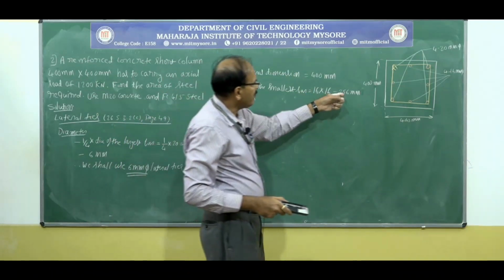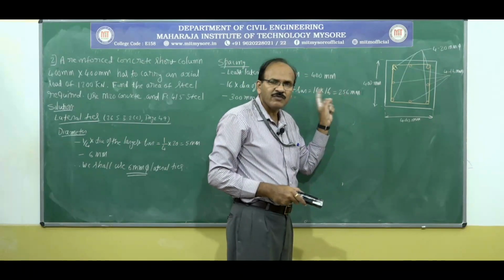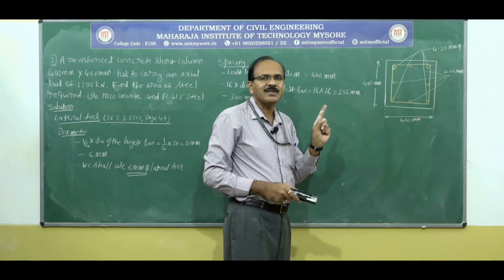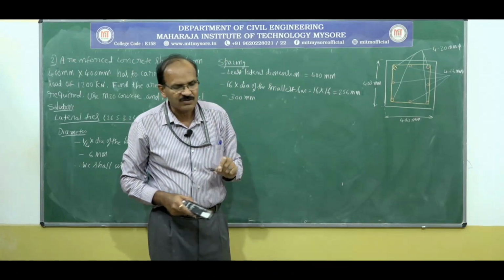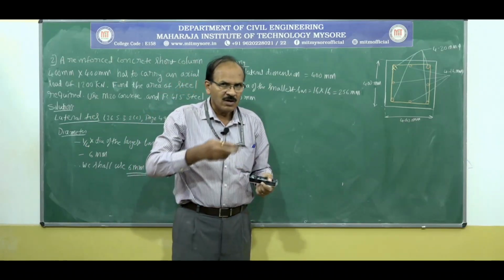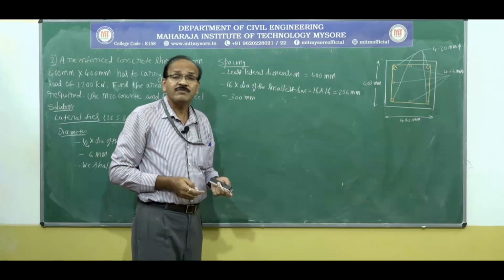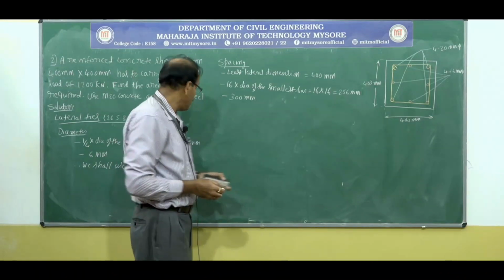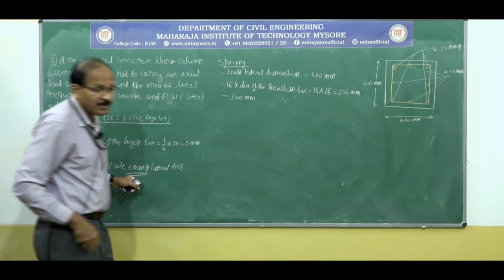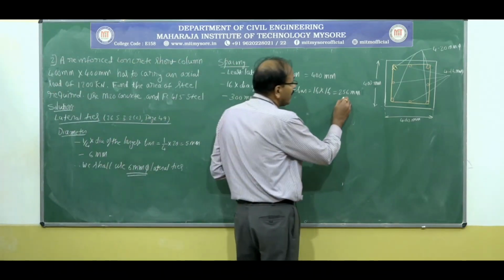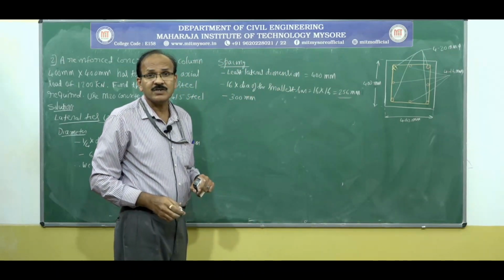So what is the spacing of lateral ties we are going to give? A spacing of 256 millimeter center to center. Of course, we are not going to give such fractional values. Instead, we are going to give a spacing of 250 millimeter center to center. The diameter of the lateral ties is 6 millimeter, and the spacing is at most 256 millimeter center to center.